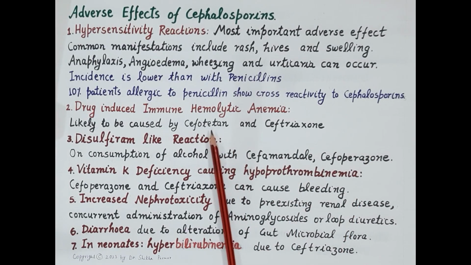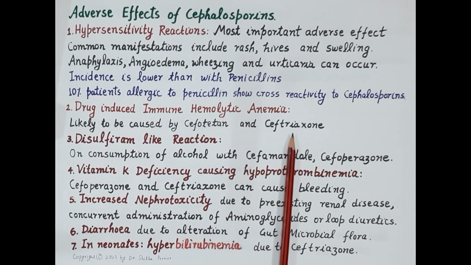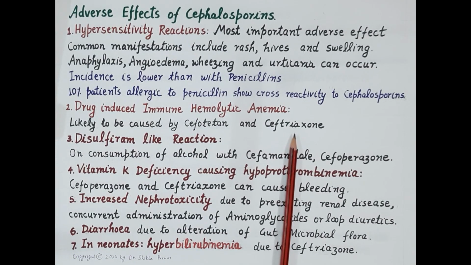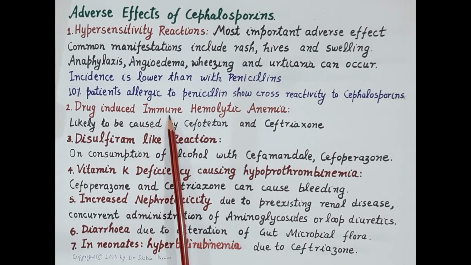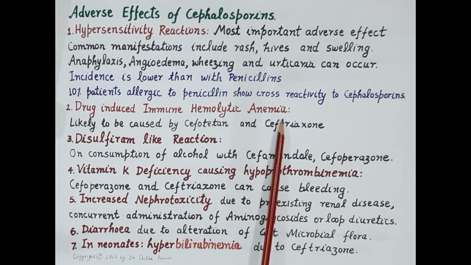Then cefotetan and ceftriaxone can bind to red blood cells of the patients, and this can induce synthesis of antibodies, and the antibodies synthesized can break the red blood cells, resulting in drug induced immune hemolytic anemia.